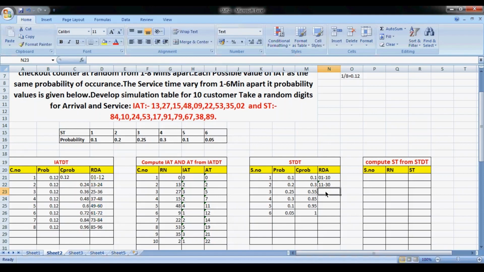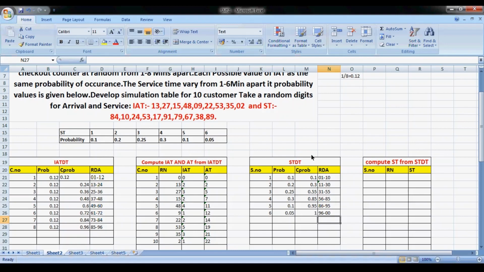The third one is 31 to 55. The fourth one is 56 to 85. The fifth one is 86 to 95. The last one is 96 to 00, because we got 1.00 as the cumulative probability for 6 service numbers. So this is how we have calculated the service time distribution table.